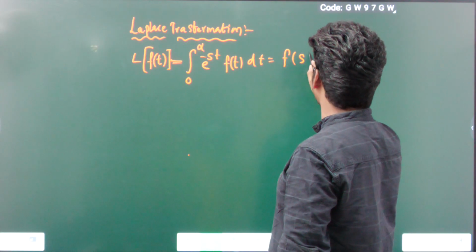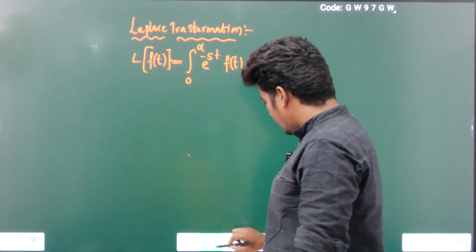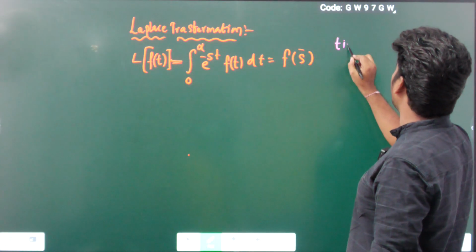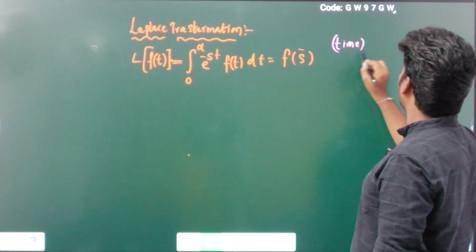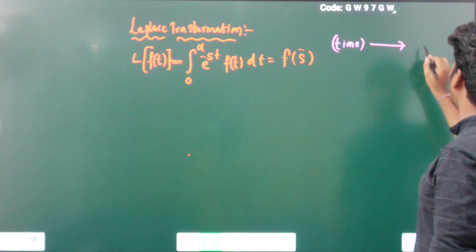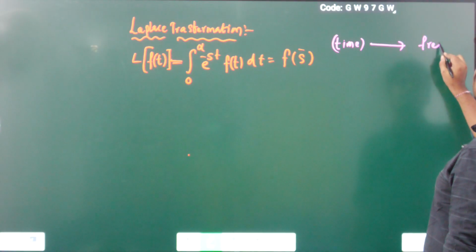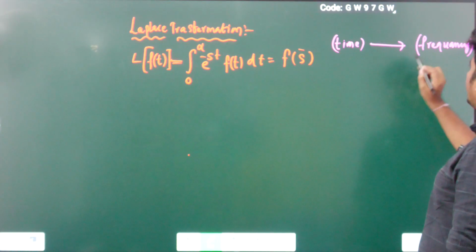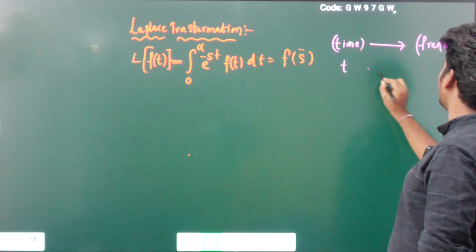Normally F of s is the frequency. Here t is the time domain function, which is converted to s, and s is called the frequency domain.